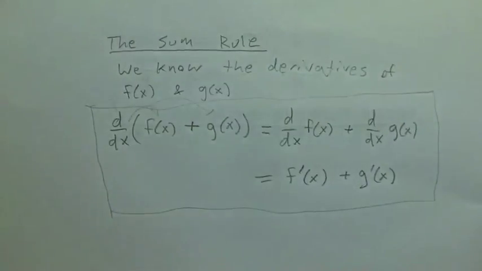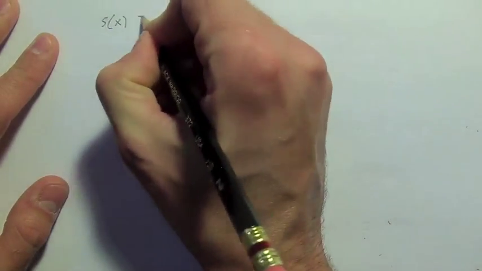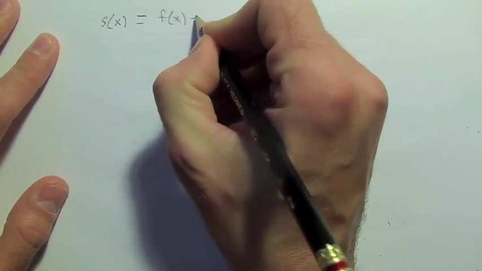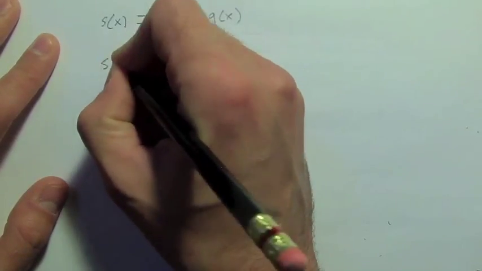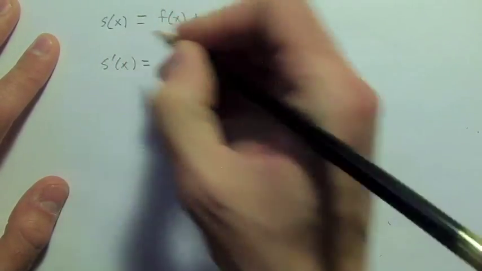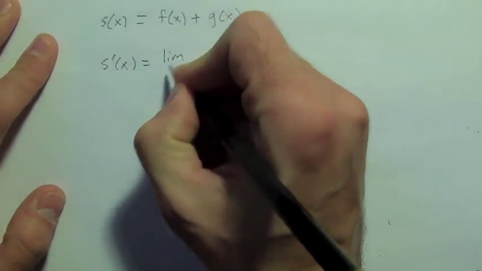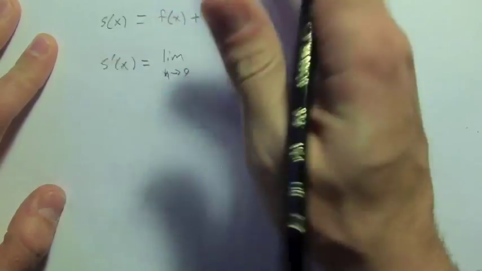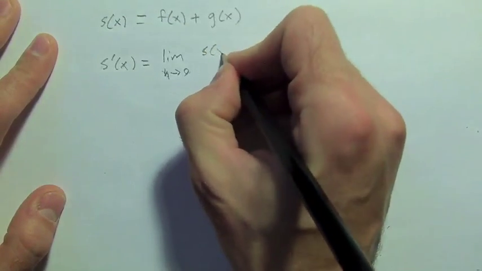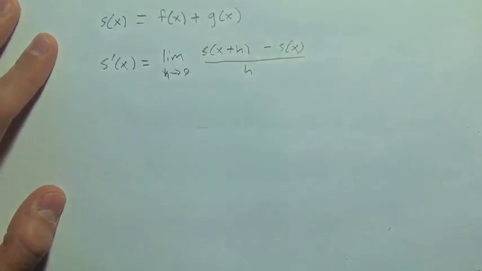So we'll actually look at an explanation using limits of where this comes from. All right, let's let s of x be f of x plus g of x. And I'm going to calculate s prime of x. Okay. S for sum. So the derivative of the sum is going to be the limit as h goes to 0 of s of x plus h minus s of x all over h.